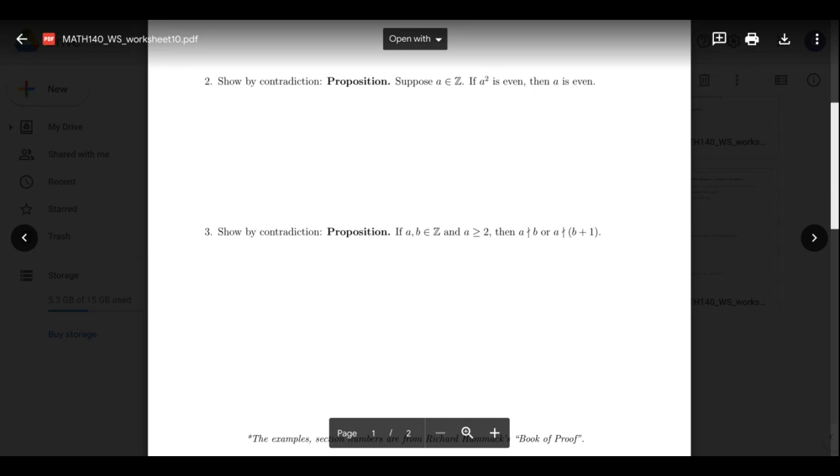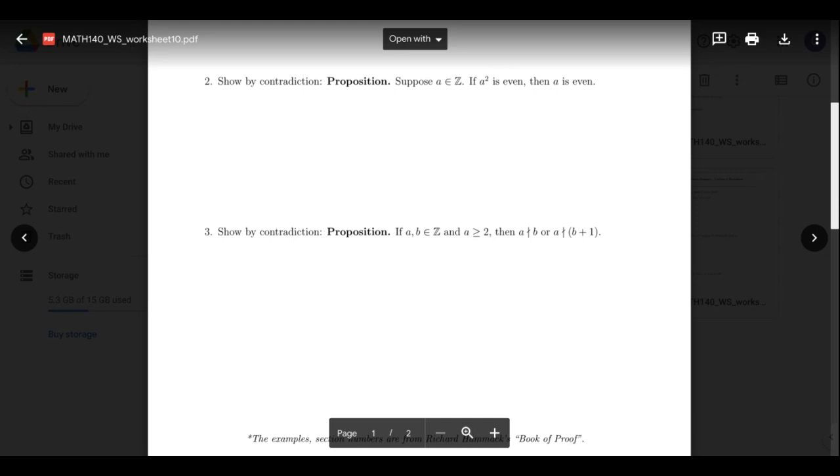Wait, but if we're assuming P and not Q, aren't we assuming that A is not even? No, P is A squared is even. Oh, you mean Q? Yeah, so A is even, so we're assuming that A is not even. That's true. Not Q means A is not even. You're right.